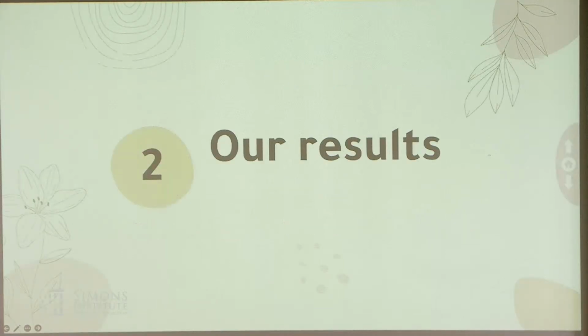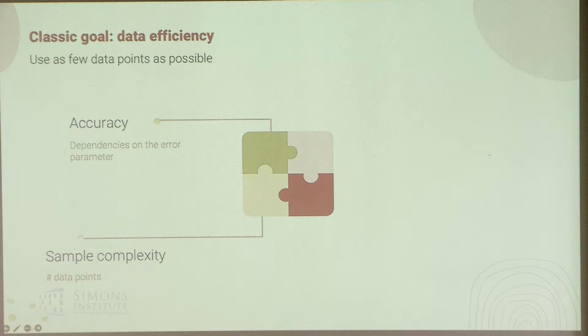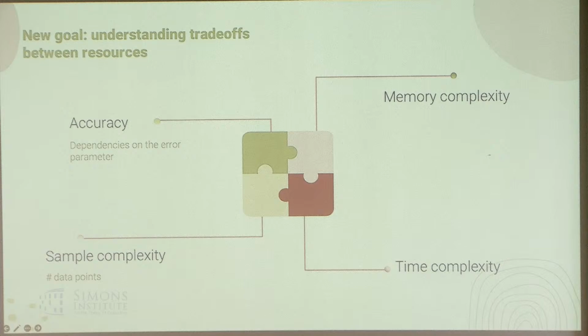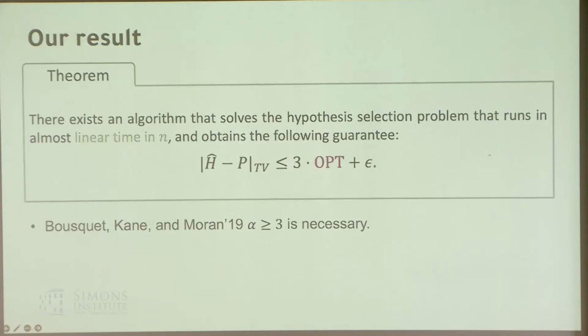So what is our result? In statistics, what people really care about in most settings is understanding the relationship between sample complexity, the number of data points that you have, and the accuracy of the problem. As computer scientists, and especially theoretical computer scientists, we really care about the computational aspects of this problem, like what is the memory complexity and what is the time complexity. So for the purpose of this talk, I mainly focus on time-efficient algorithms for this problem while achieving the optimal accuracy and optimal sample complexity.